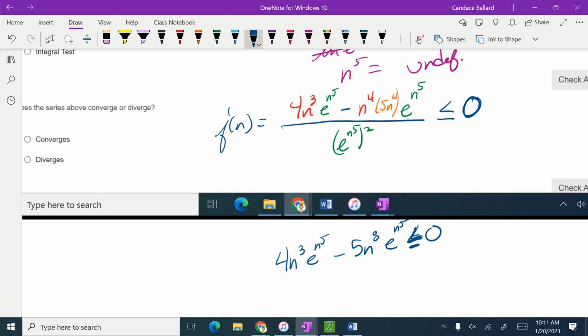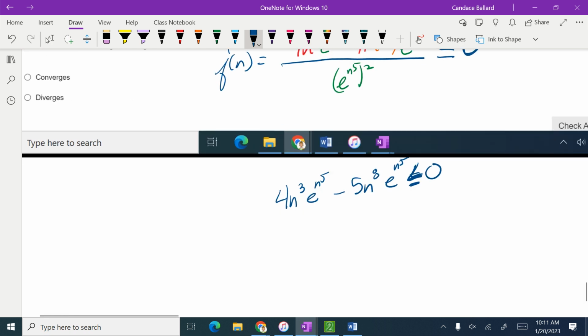Weird and ugly. What do you think we have to do? Greatest common factor. What is the greatest common factor? Yep. And then we're left with 4 minus 5n to the 4th less than or equal to 0.